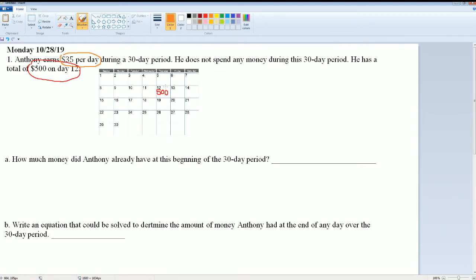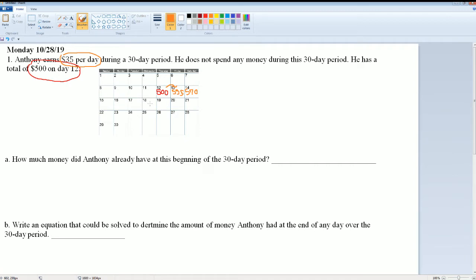So the next day he gets 35 more dollars, so that should be 535. Then the next one would be we add another 35. So that should be 570. We could fill this out.